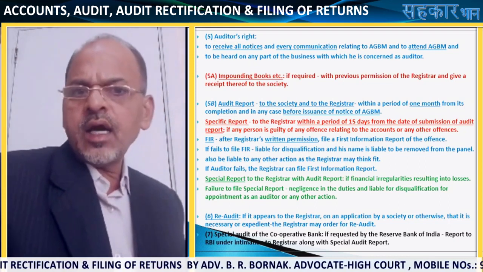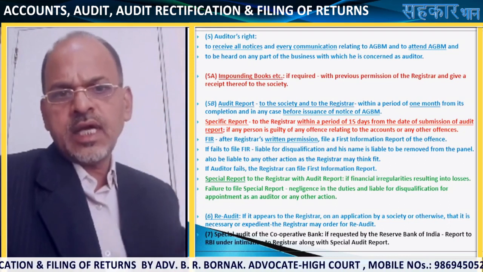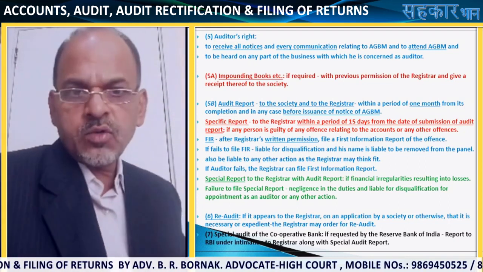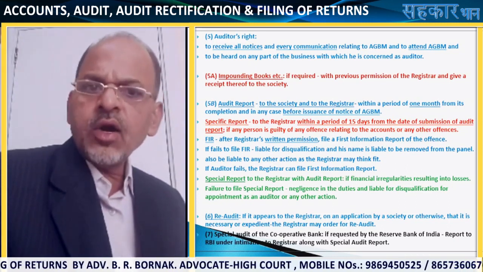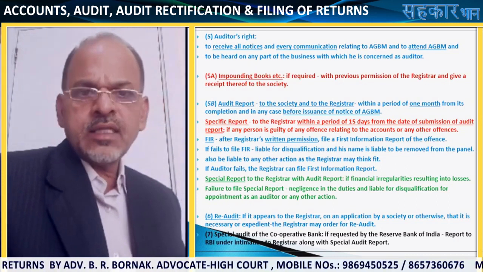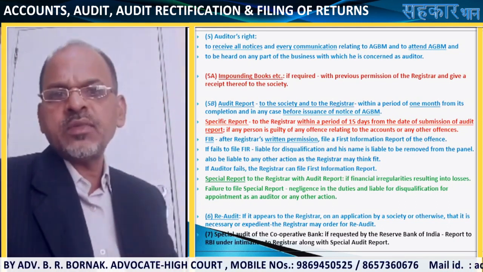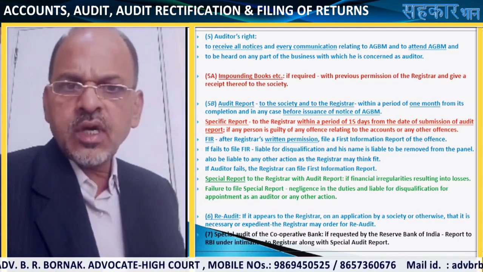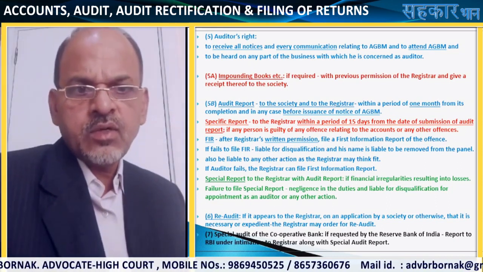He appoints a qualified auditor, generally of a higher rank than the auditor who carried out the statutory audit earlier, and the re-audit is carried out by that auditor and a report is submitted to the registrar. On the basis of the report, the registrar can take further action as he thinks fit.